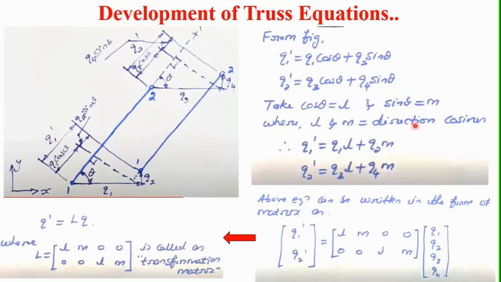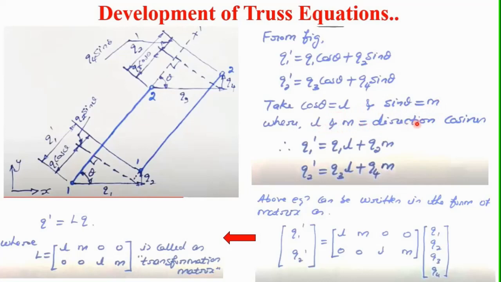Then we will assume cos of theta is equal to small l and sine of theta is equal to small m. These small l and m are the direction cosines.